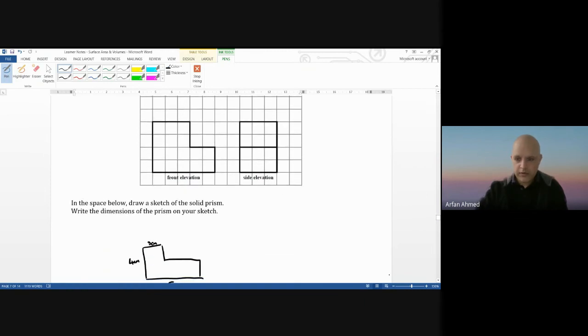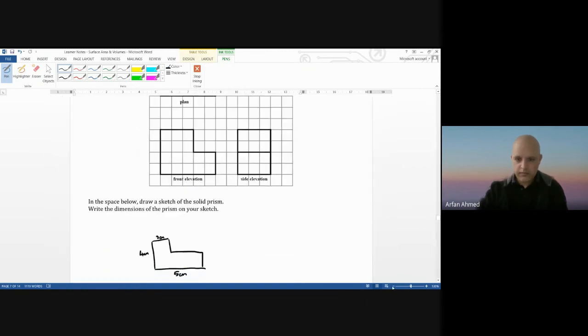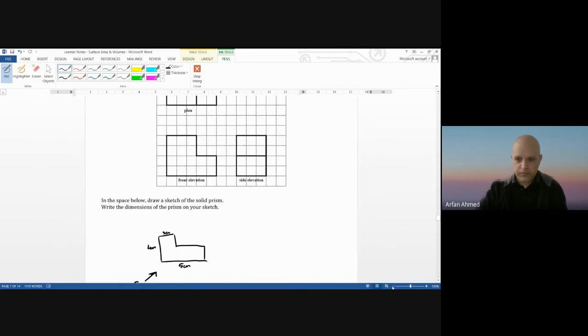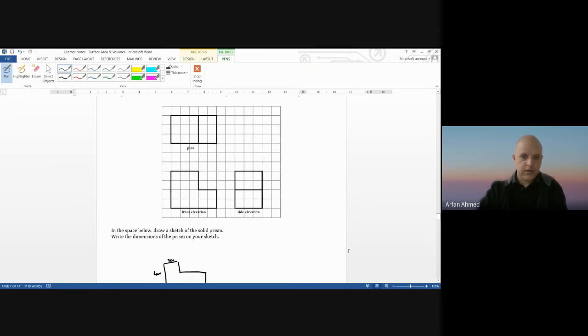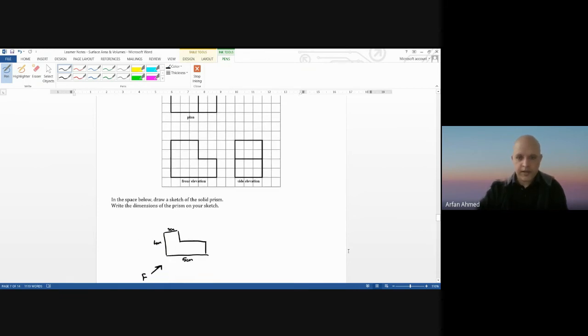Let me zoom out a little bit, just so we can see all of these. So the side elevation, and let me do that. So this is basically this bit here. Let me shade it. This bit here is the bit sticking out of the L shape. That's that bit there that's sticking out.